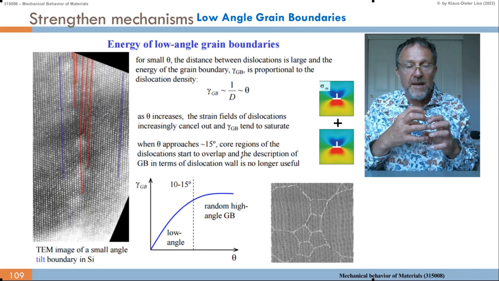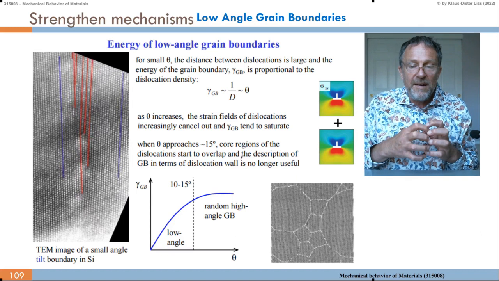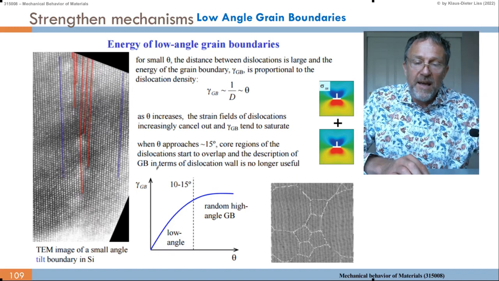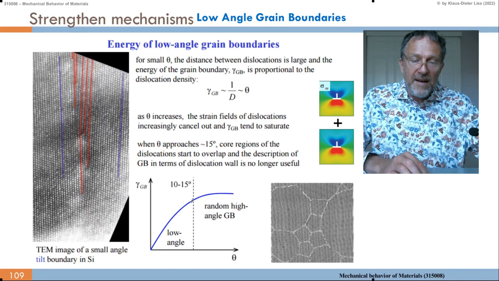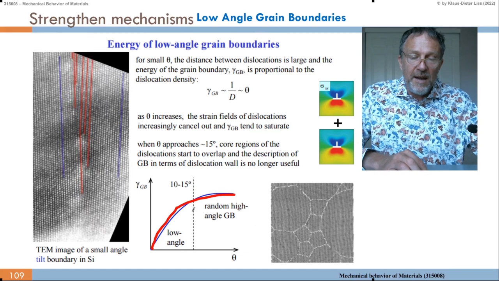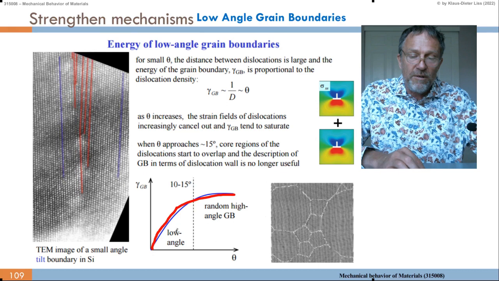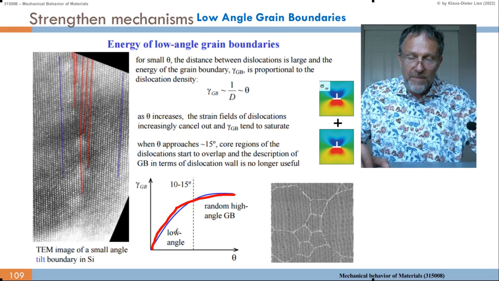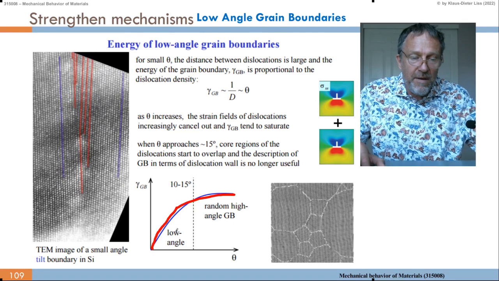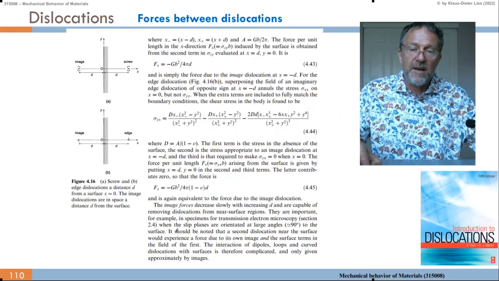They come too close together and the cores overlap. The description of the grain boundary in terms of a dislocation wall is no longer useful, and that's where we get some saturation. So first we go linear up and then we get saturation. Random high angle grain boundaries are not described by these dislocation models anymore. For high angle grain boundaries we have to have other energy considerations.